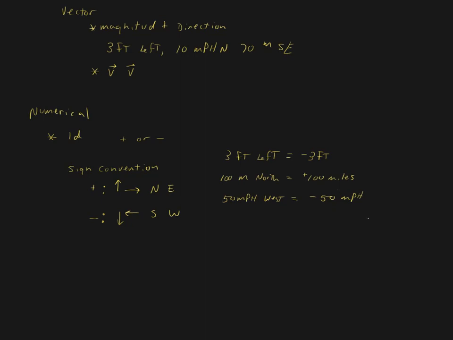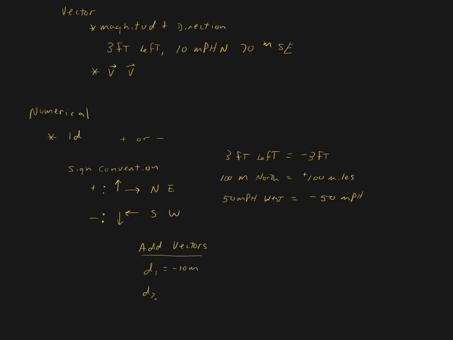This is really useful for when we're adding or multiplying our vectors. So if we're going to add vectors, and we'll deal with this in much greater detail as we go throughout the course. But if we're going to add vectors, let's suppose I have vector 1 is displacement 1, and we'll say that that's minus 10 meters.